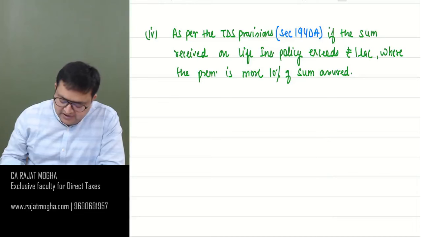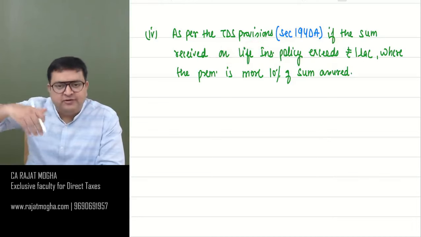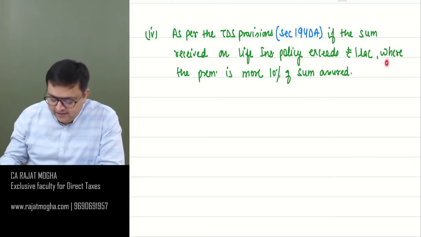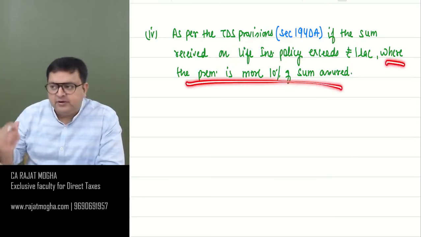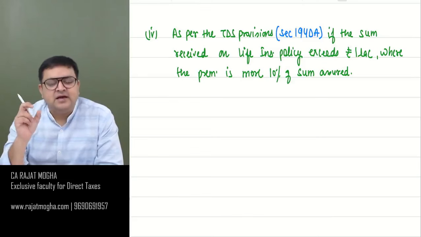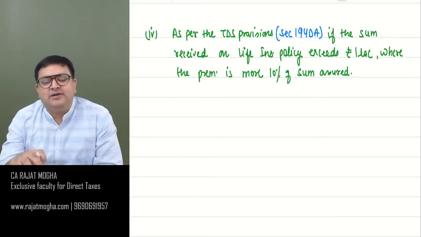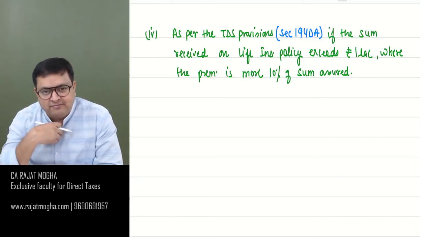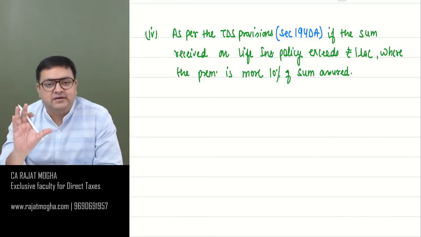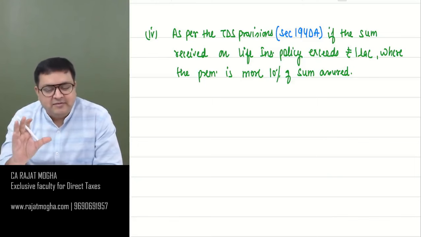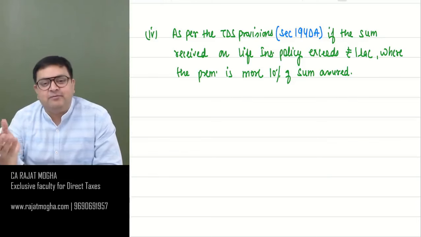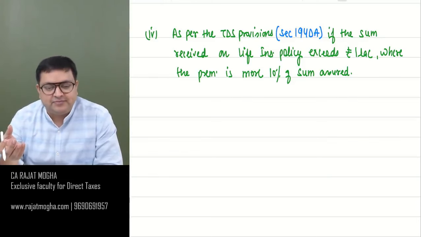As per the TDS provisions, if the sum received on the life insurance policy exceeds 1 lakh, I have told them the threshold limit and what is high premium. Please, guys, the words high premium policy and low premium policy are for my and your understanding. Correct? So in your examination, don't use the words high premium policy or low premium policy.